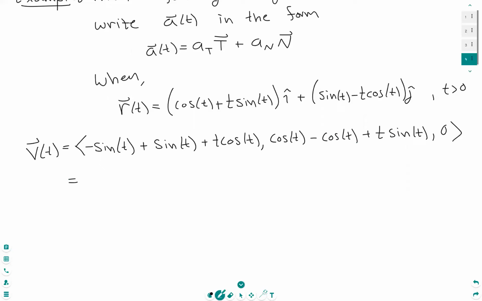So it looks like our velocity vector is just t cosine of t and t sine of t and 0 in the z component.